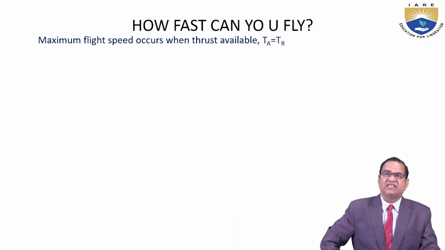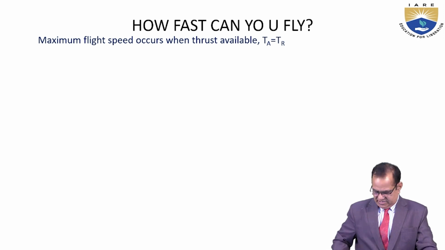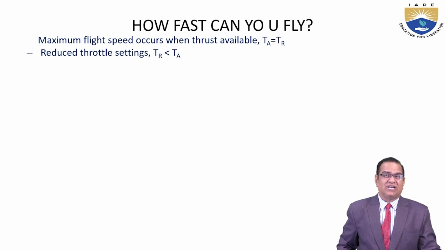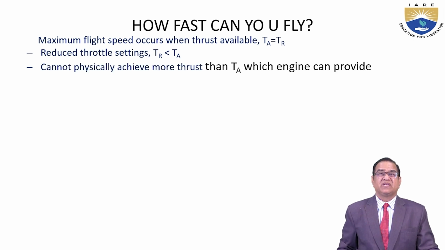So maximum flight speed occurs when thrust available TA is equal to TR. That is the ultimate point where your engine power and the drag are equal. With a reduced throttle setting, your TR should always be less than TA. You cannot physically achieve more than the TA which the engine can provide.